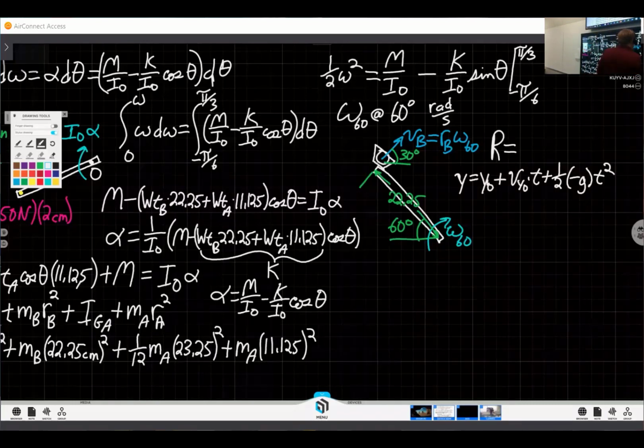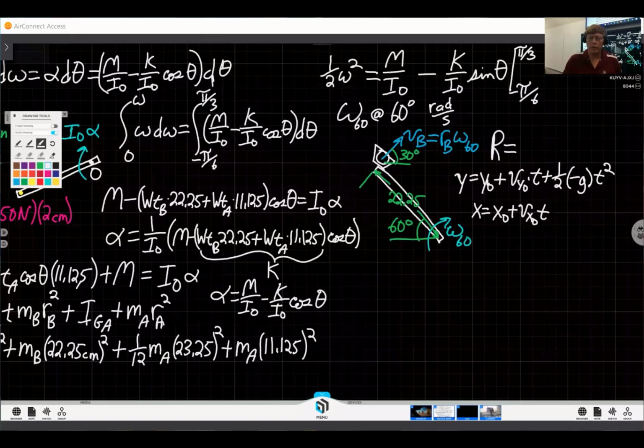So that means your x equals x naught plus your vx naught t. You don't have any acceleration in the x direction. So you can figure out your time interval by solving that quadratic equation. You got two possibilities of time. Pick the one that you can go from 0 to 0.